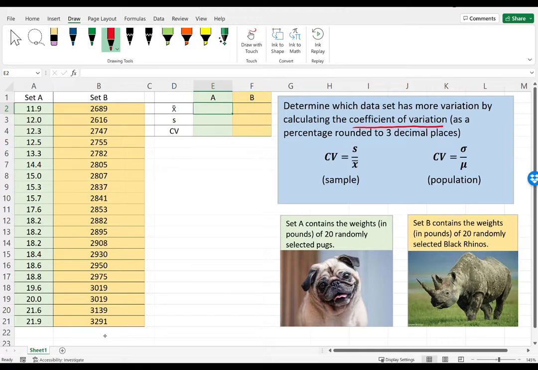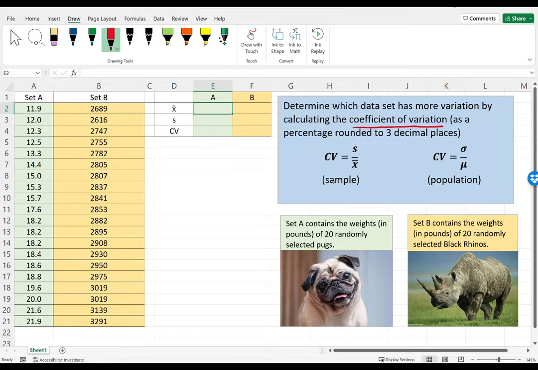All right, so the range of set A is 10, and the range of set B is about 600. So you may say, okay, set B is more spread out than set A, so set B contains more variation. Now, it might, I don't know yet, but that's not a sufficient method for comparing the variation within two sets. For that, we need the coefficient of variation.